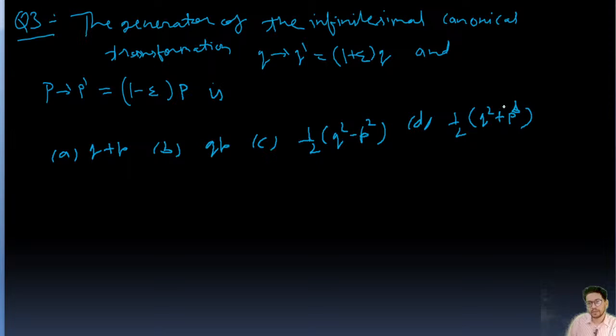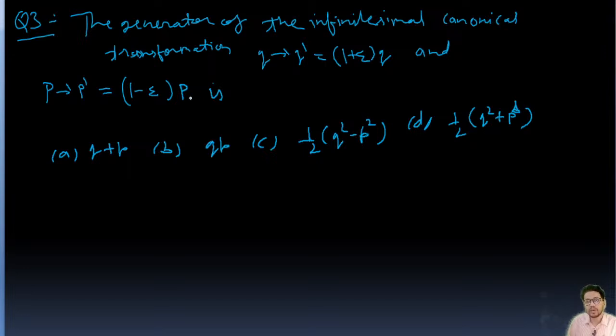So the question is given, the generator you need to find out, okay. So there is an infinitesimal canonical transformation which is very small, and this is Q dash, that is 1 plus epsilon Q, and P dash equal to 1 minus epsilon P, okay.